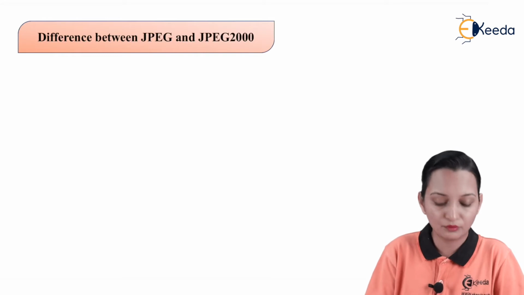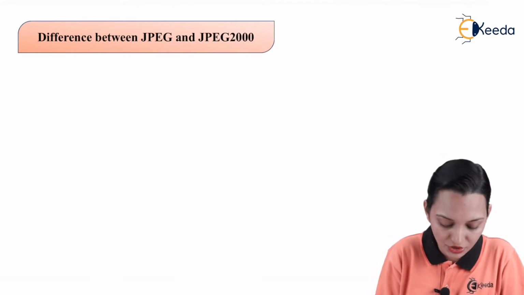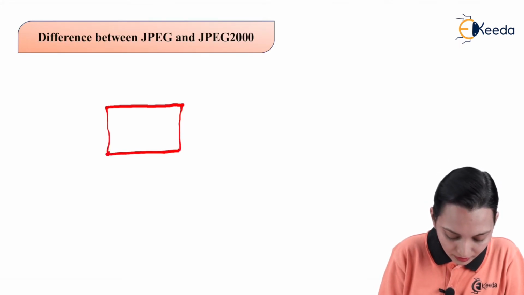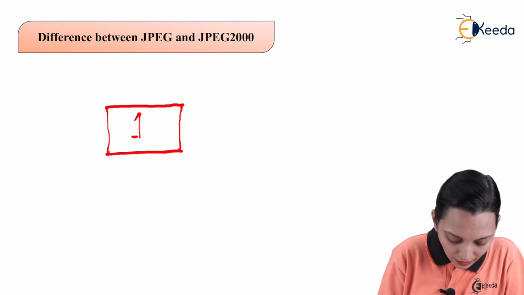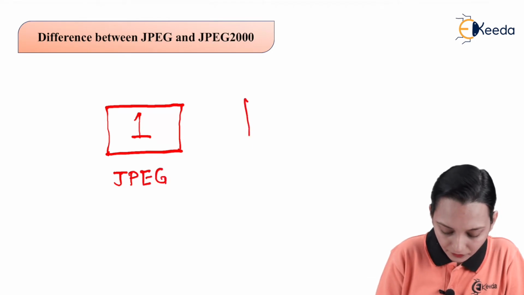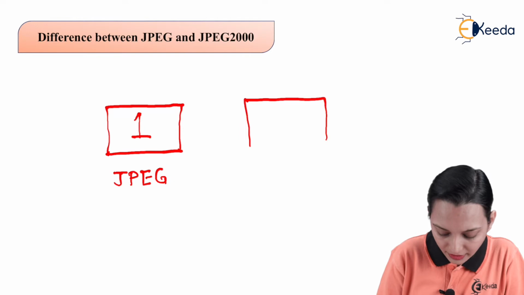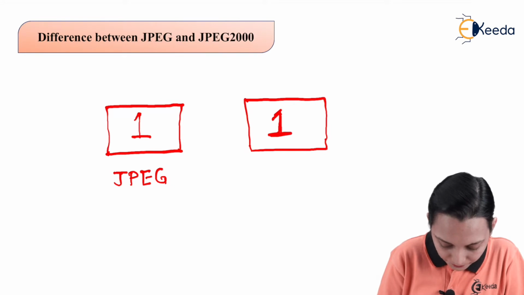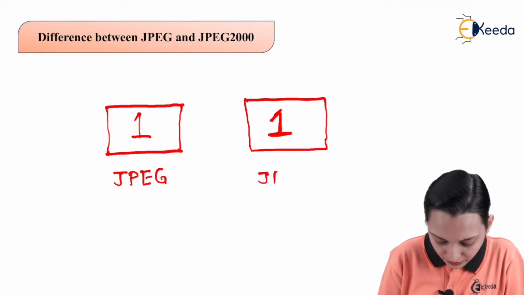First of all, if I want to show you the difference between JPEG and JPEG 2000 with the help of a picture, I will show it like this. This is the output coming from JPEG, and similarly this is the output coming from JPEG 2000.